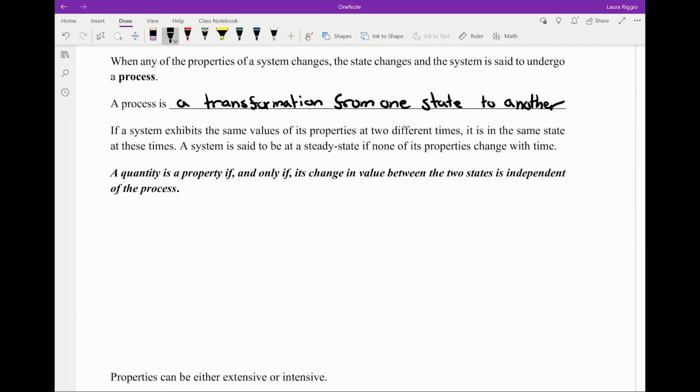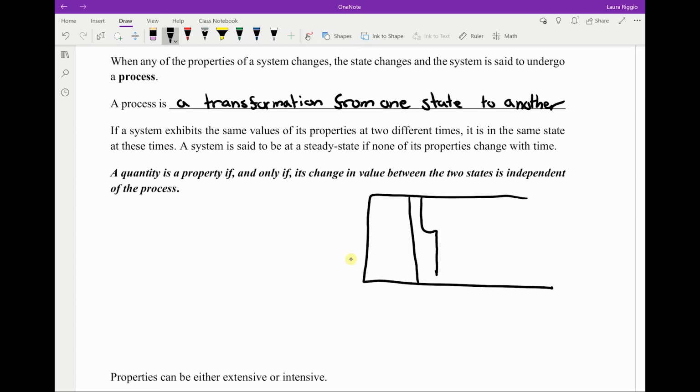So there's some different kinds of processes. But first, I'm going to show you a process. Here we have some gas or liquid in a piston, and it's got some initial state.